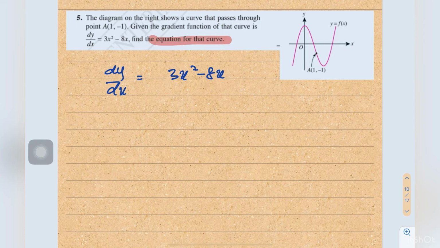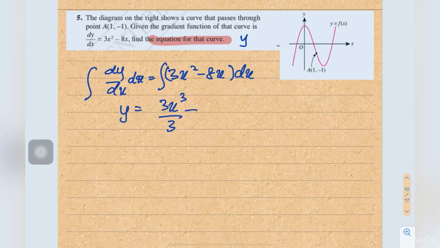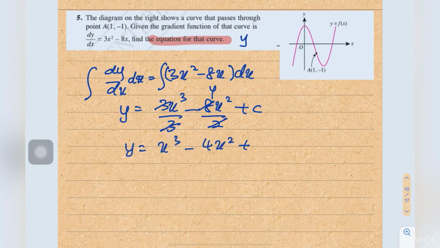The equation of the curve is y, so you just integrate both sides with respect to x. So y is 3x cubed over 3 minus 8x squared over 2 plus c. Simplifying, y is x cubed minus 4x squared plus c.